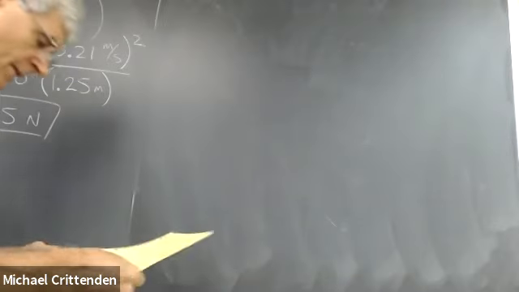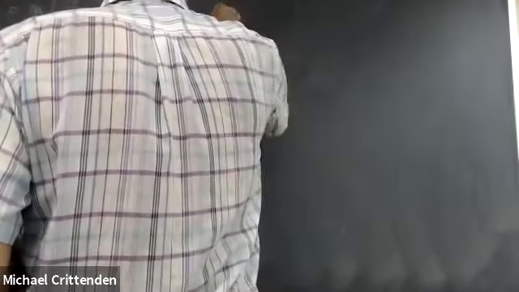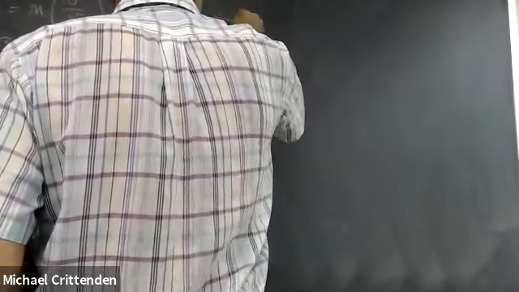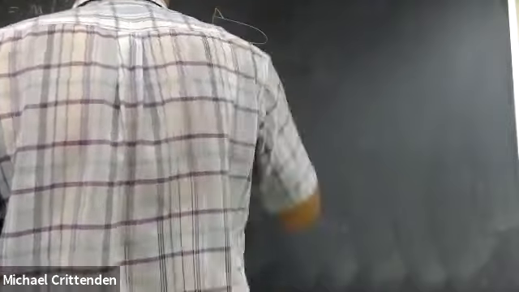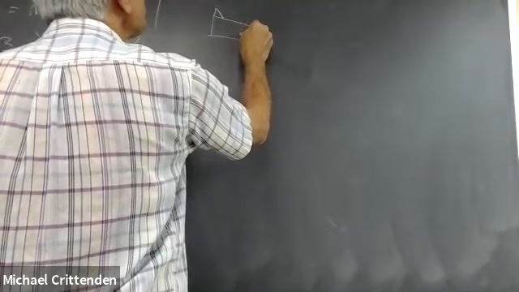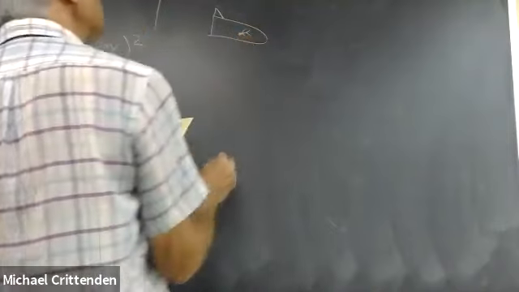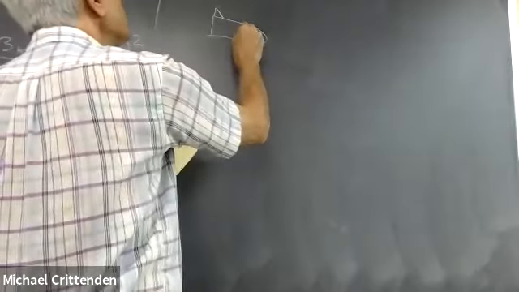The question itself, as I said, is fairly straightforward. Here's the spacecraft. Give it a little tail fin. There's the astronaut floating around. Astronaut's got kind of a small head. That looks a little better.